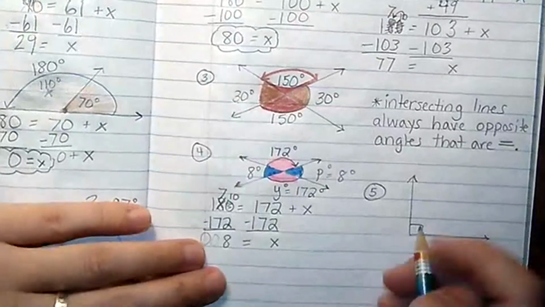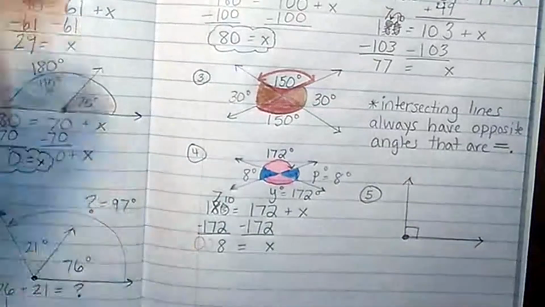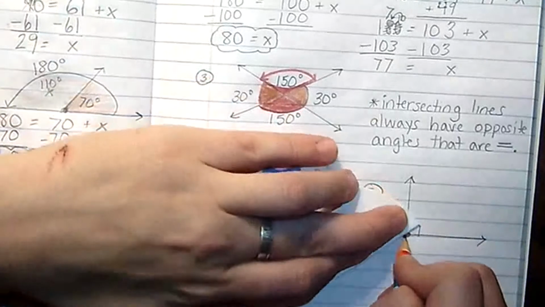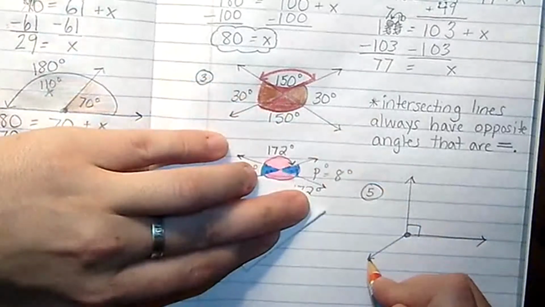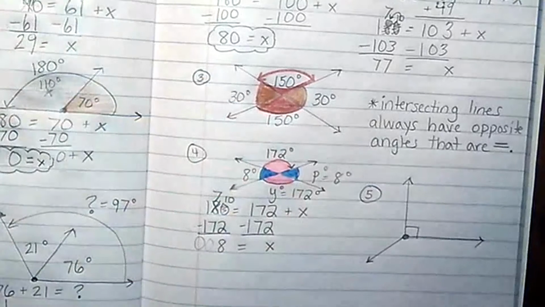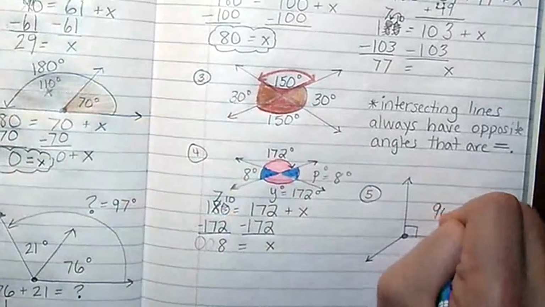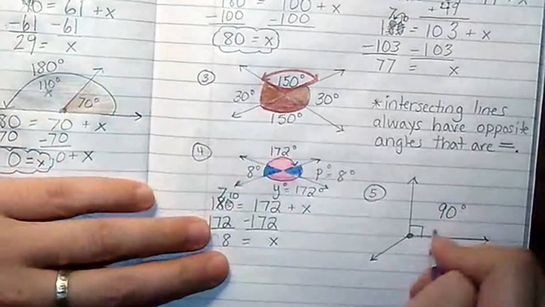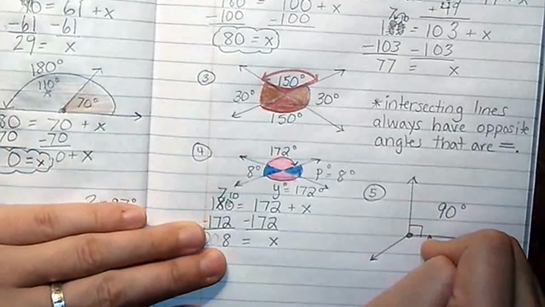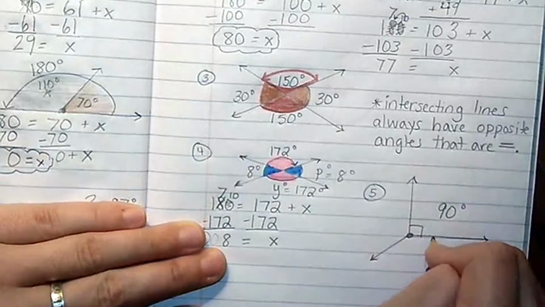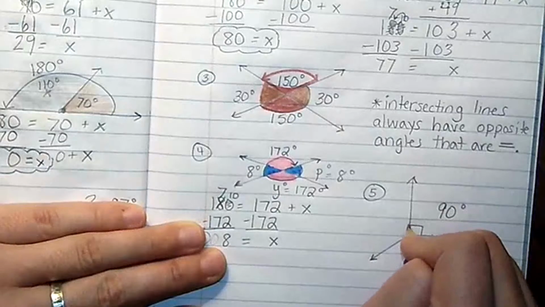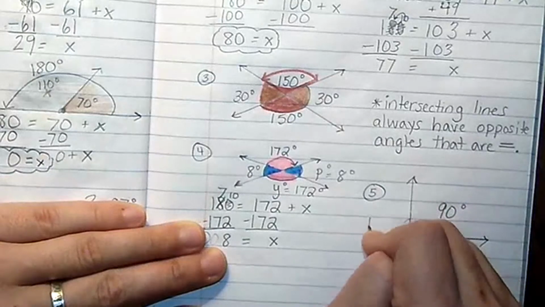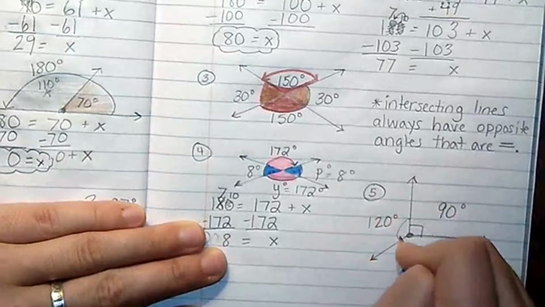But look what I'm going to do. At this vertex, I'm going to make a ray coming off to the other side. Oh yeah, we can do it. It's not too hard. We know this angle is 90. And I'm going to tell you that this angle right here equals 120 degrees.